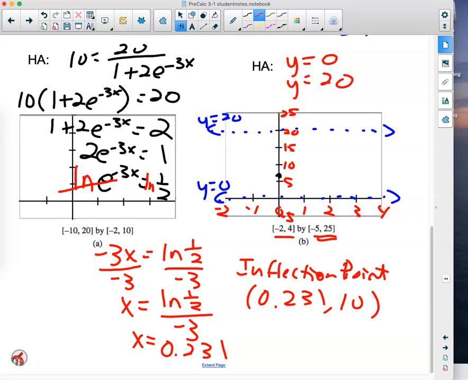So that's where our curve is growing the fastest, at 0.231, so not very far over on the x-axis, and up 10. And then just like we did before we left for break, we said, well, let's just use that for symmetry, because these are always symmetric around that inflection point.